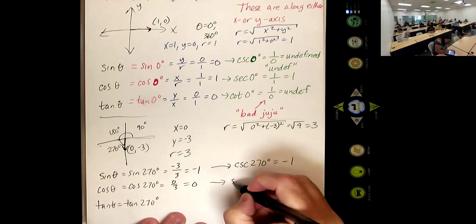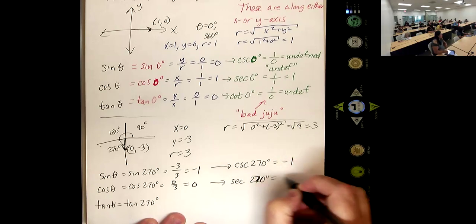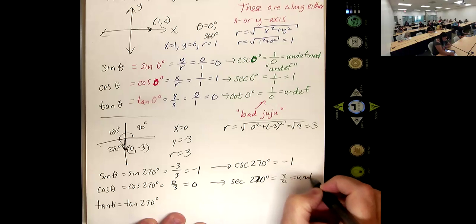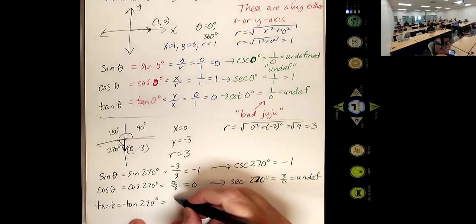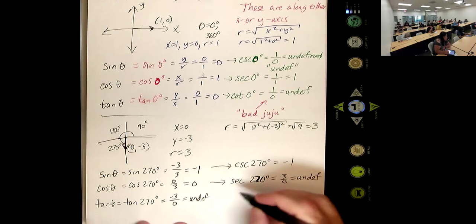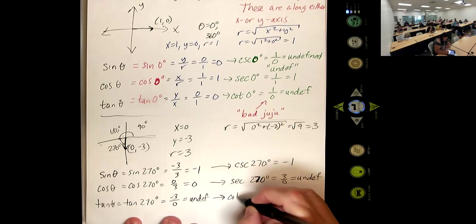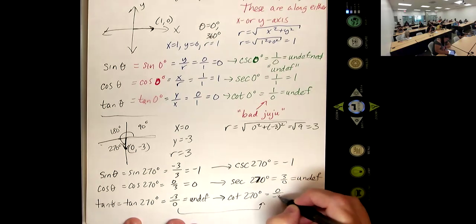Which means when I do secant of 270 degrees, I have 3 over 0, so undefined. Finally, tangent is y over x, -3 over 0. Tangent is undefined. If I do cotangent of 270 degrees, flip that, 0 over -3 is 0.